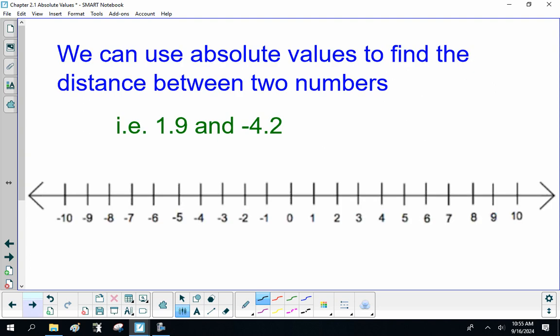Now, why do we do that? Because we can use absolute values to find the distance between two numbers. For example, 1.9 and minus 4.2. Well, 1.9 is here, and minus 4.2 is about here. What's the absolute distance between them?